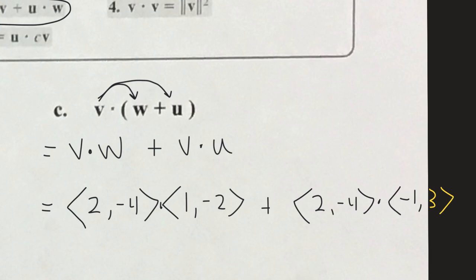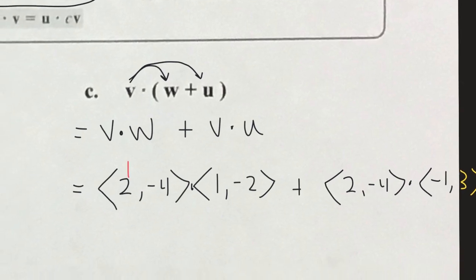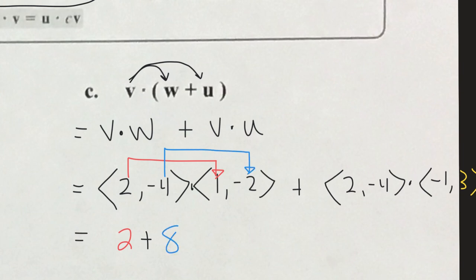And we do our dot products. 2 times 1 is 2, plus -4 times -2 is +8, plus 2 times -1 is -2, plus -4 times +3 is -12.